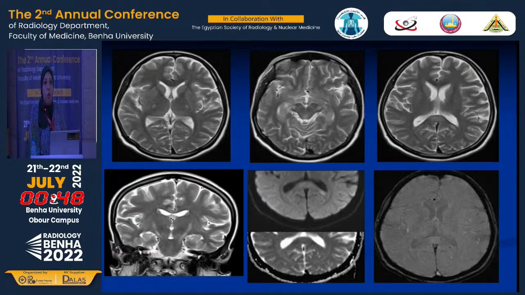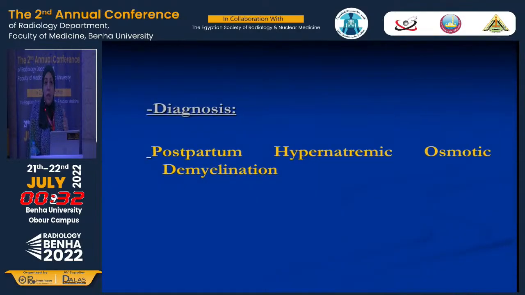But here there is no clinical data for such. There is no weakness, no muscle atrophy, but it is a postpartum, hypernatremic female with acute onset of paraparesis. What is the scenario? The scenario in this patient is a newly described situation called postpartum hypernatremic osmotic demyelination.